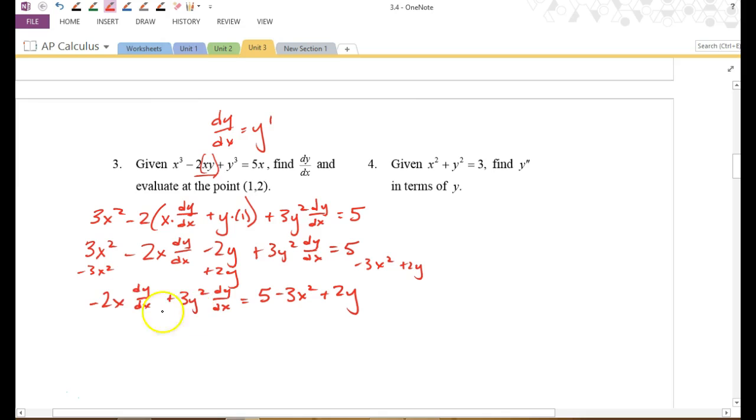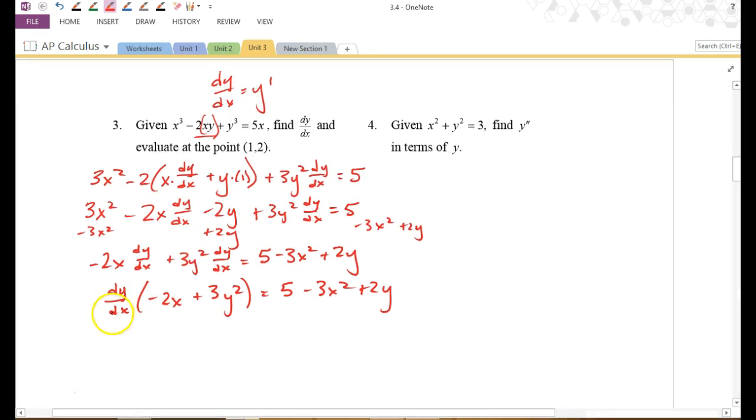Okay, so now to pull the dy dx out as a single piece, we're going to pull it out like a greatest common factor. Okay, so we're going to pull it out, dy dx times, and if I pull that out of the first term, I'd be left with negative 2x. And the second term would have a 3y squared left over. Okay, the right-hand side, we're not doing anything to it, so it stays the same.